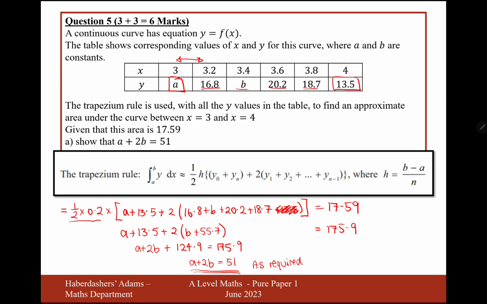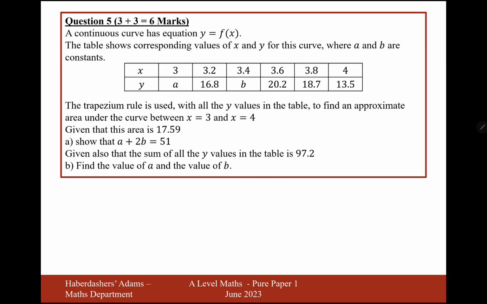Now let's move on to part B. Given also that the sum of the y values in the table is 97.2, find the value of a and b. Okay, well, let's create a second simultaneous equation then. So a plus 16.8, add b, add 20.2, add 18.7, add 13.5, equals 97.2.